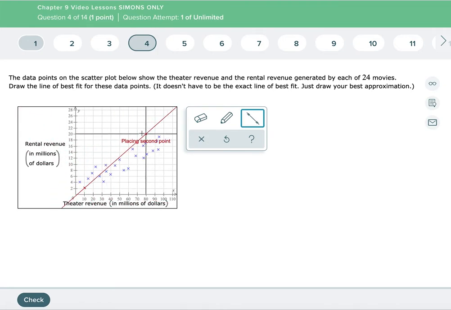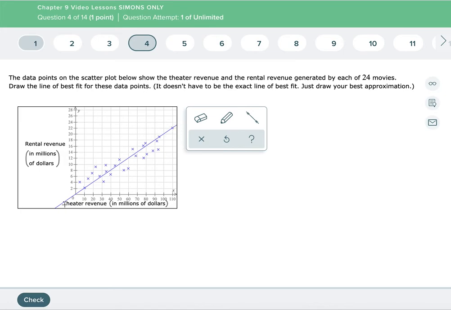So I got 1 point there, right? And then if I put another point right here. Now if you look at this point, I wonder if it will let me move it. No, it doesn't. That's really weird. Okay, now if I look at this, I'm doing a lot better, right? I've got 1, 2, 3, 4, 5, 6, 7, 8, 9, 10 points that are underneath the line. And I've got 1, 2, 3, 4, 5, 6, 7, 8, 9, 10, 11, 12 points that are above the line.